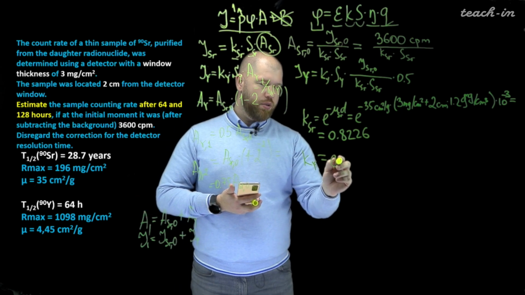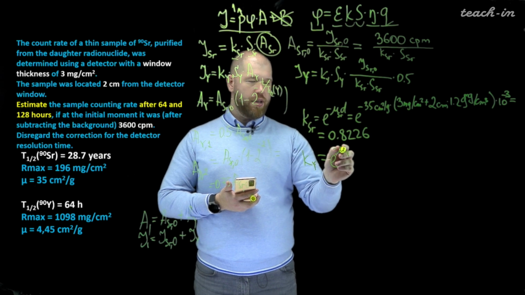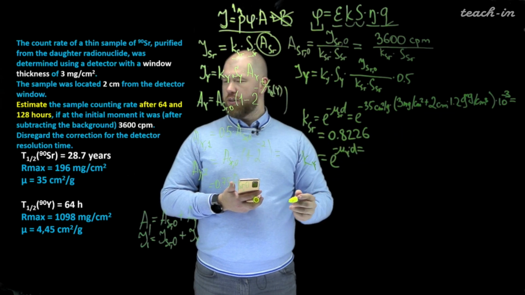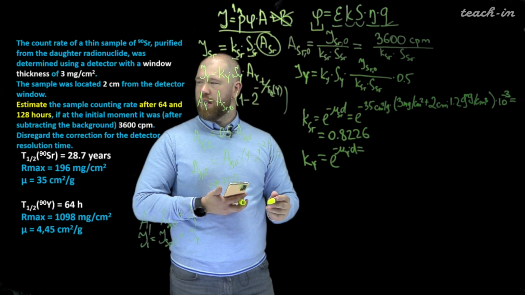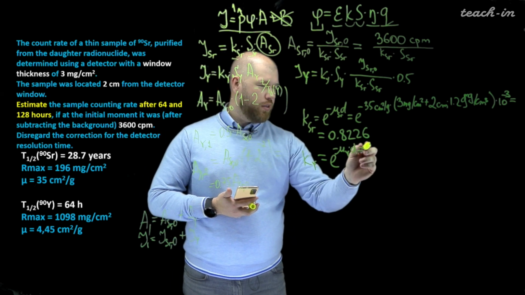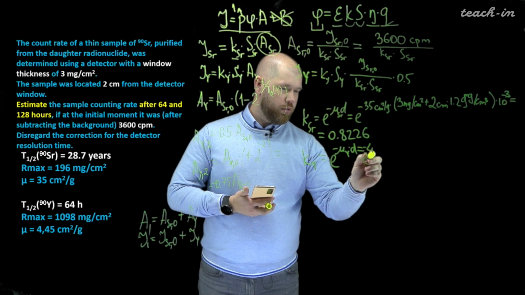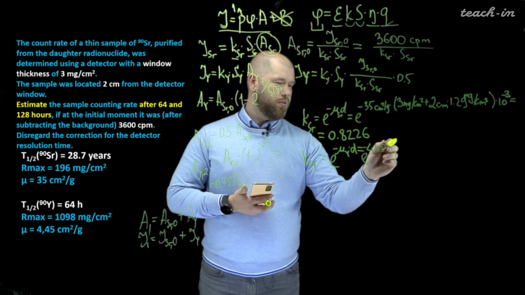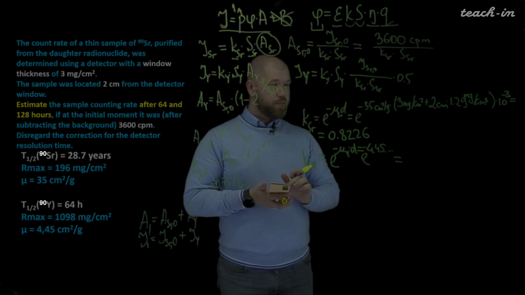It will be the same, but we will have the mass attenuation for yttrium. So all this equation in brackets will be the same, but we will have the exponent 4.45. So we will calculate this.